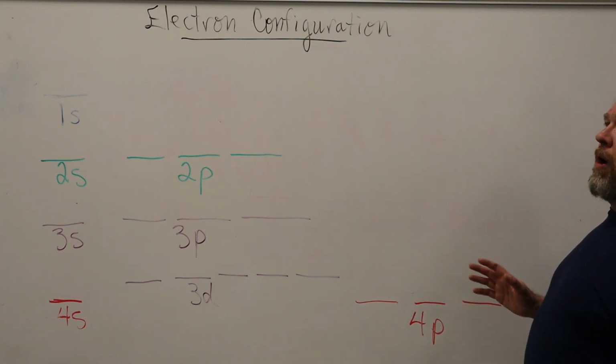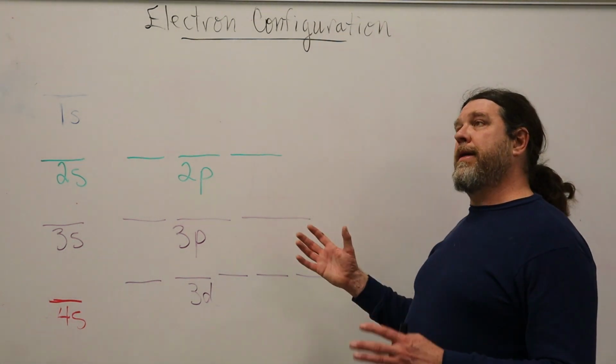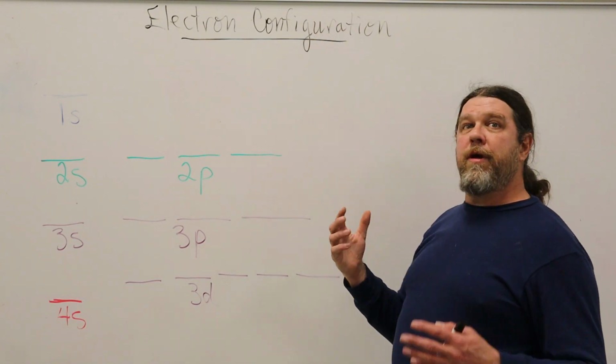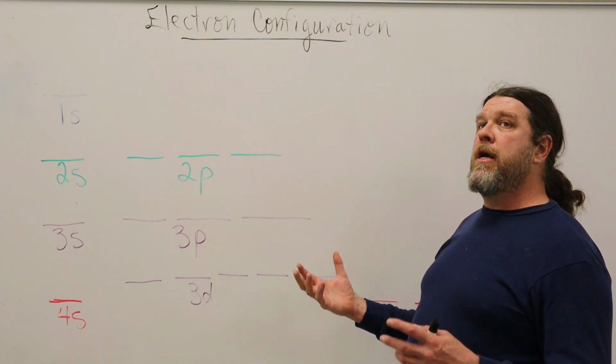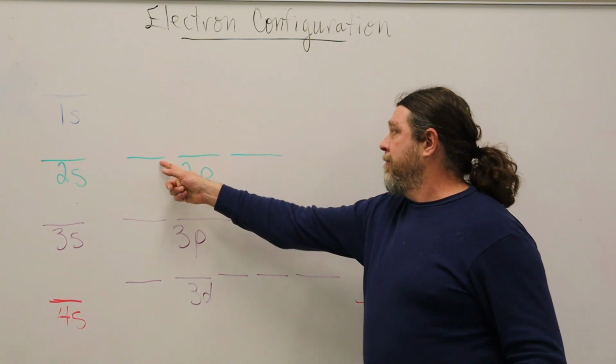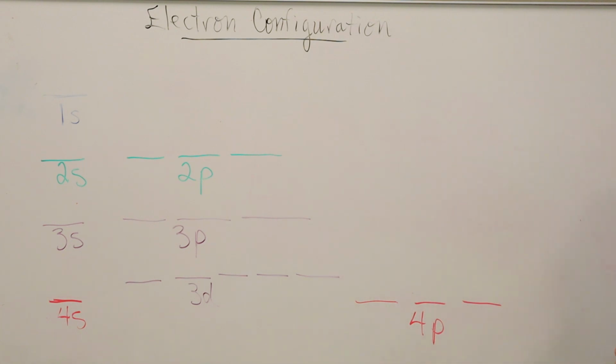And then off to the right, we have what's called the P block, and notice that in your periodic table, that's 6 squares wide. And so if we have 6 electrons and they can have up to 2 electrons in an orbital, we have 3 orbitals. In other words, 3 blanks here that can fit electrons.